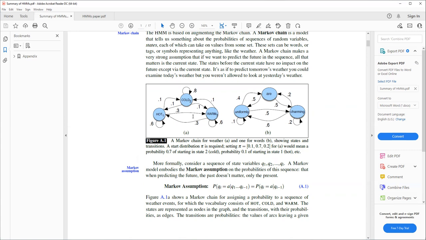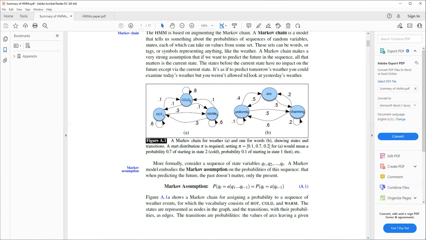However, what you need to remember is these are observable states. These are what we can observe, and these are the direct values you're going to see in the sequence. For example, hot, cold, cold, cold, hot, or hot, hot, hot, hot, right? The way you saw them. So these are all observable sequences. There's nothing problematic here. We can observe all of these.